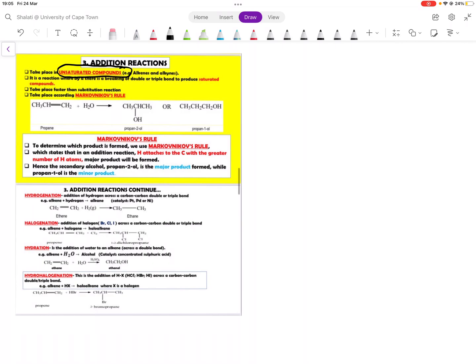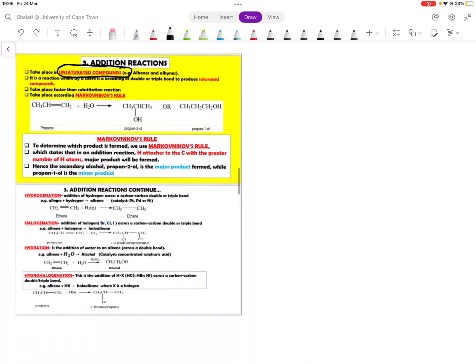Okay, so let's start with the first one, hydrogenation. It talks about hydrogen, so it's the addition of hydrogen across carbon double or triple bonds. All right, so you'll be adding hydrogens on the carbon and carbon double bonds or triple bonds.